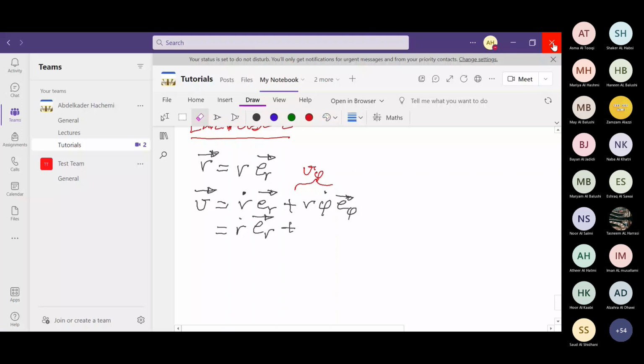We can write it as the velocity in the radial direction ER, plus the velocity in the circumferential direction along the phi axis.